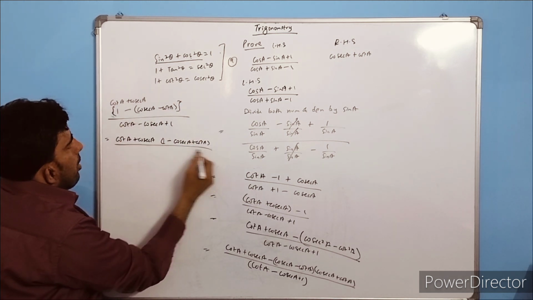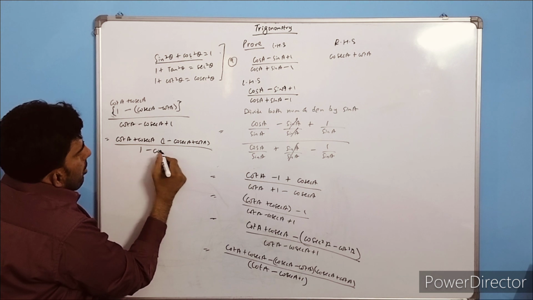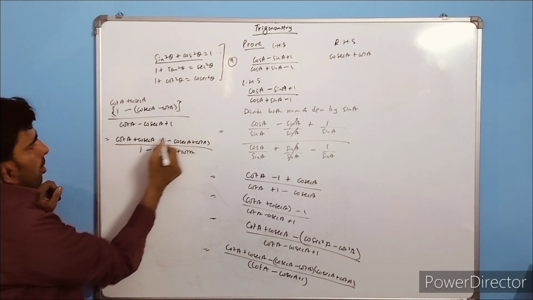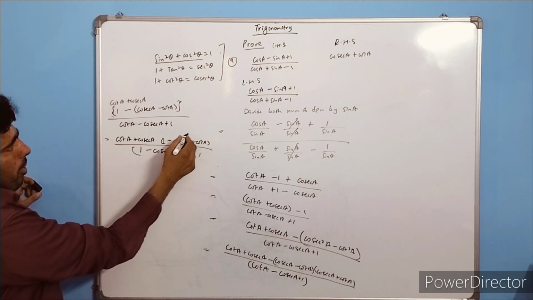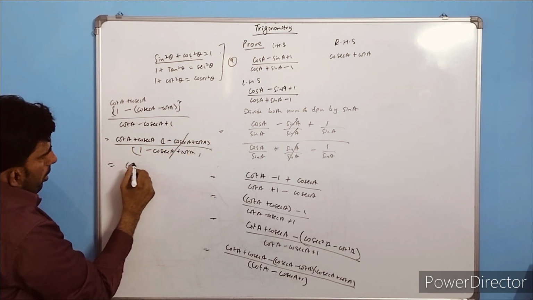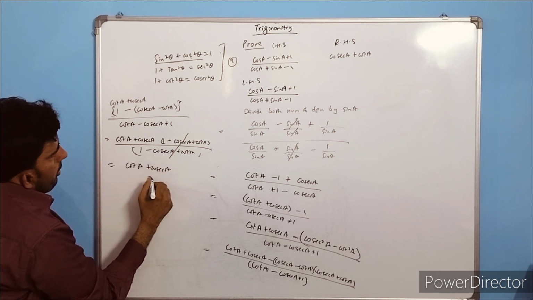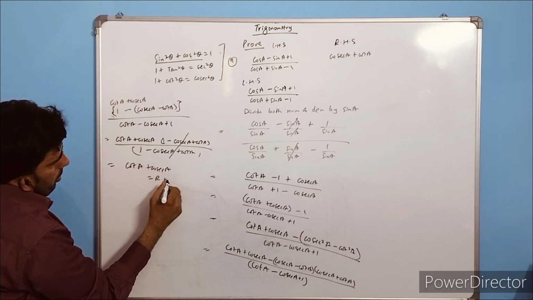So we got 1 minus cosec A plus cot A. Okay, so you can see this is the same. So I got cot A plus cosec A, which is equal to the RHS.